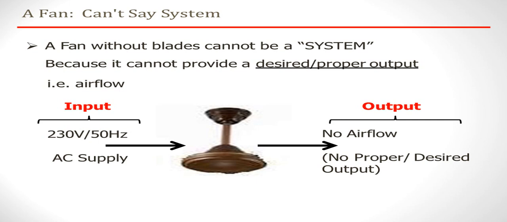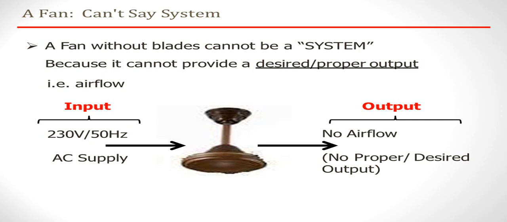See, the fan cannot be a system here. You can see in the picture there is a fan without blades. So imagine a fan without blades. The input is given, 230 volt, 50 hertz. Then the output is no airflow.